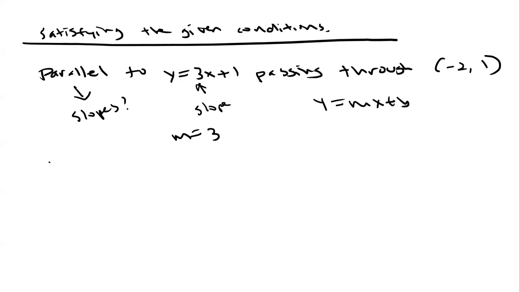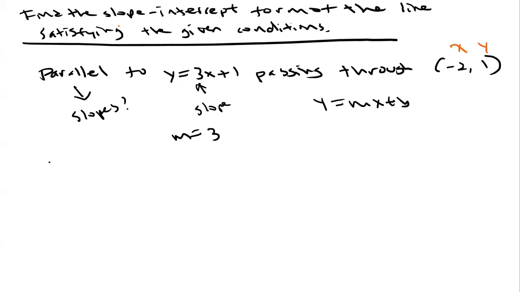This is going to be our x and that's going to be our y. Why did I label that? Because that's what we need. Right now we don't know b. That's what we need to look for.